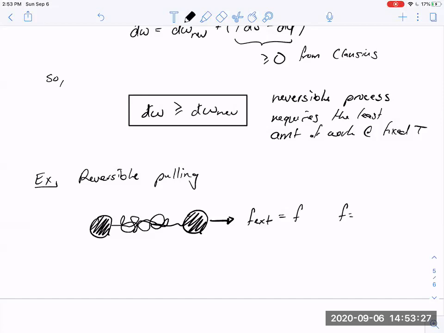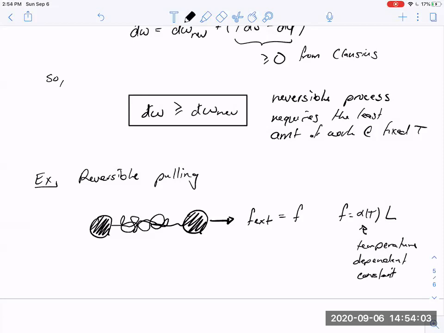Now, for a simple model of a polymer, it is known that the internal forces of that polymer are proportional to their extension with a constant of proportionality we'll call alpha that depends on the temperature but does not depend on the length.